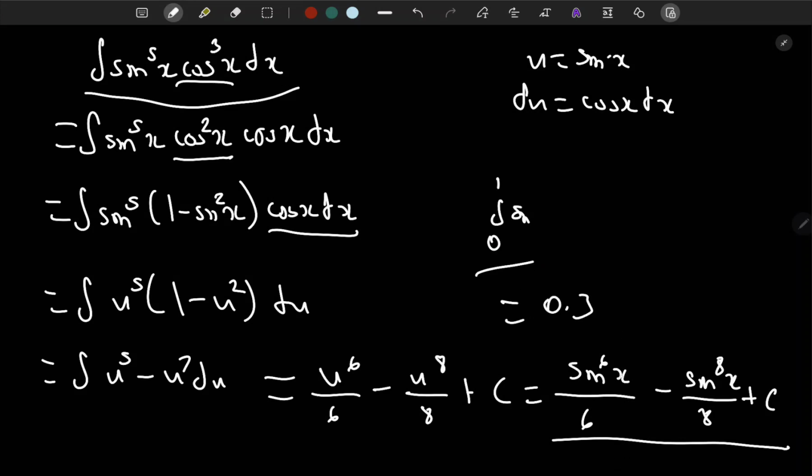In the final answer, you have to substitute 1 for x, minus the entire thing with x replaced by 0, and if you get the same answer, this means that the answer is right. It will be simpler if I make a video on that, and I'll make that soon.